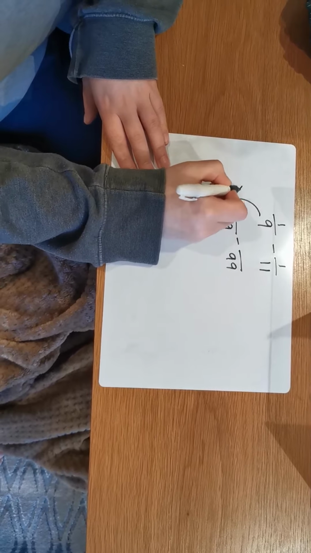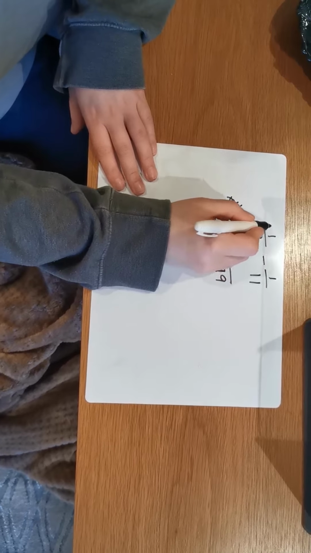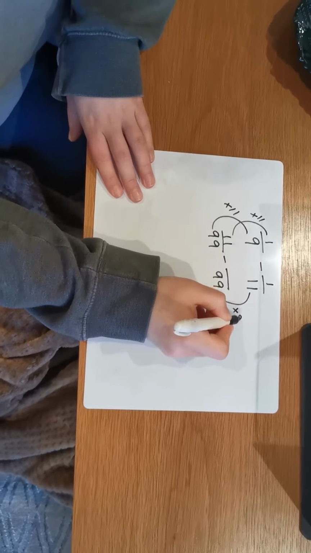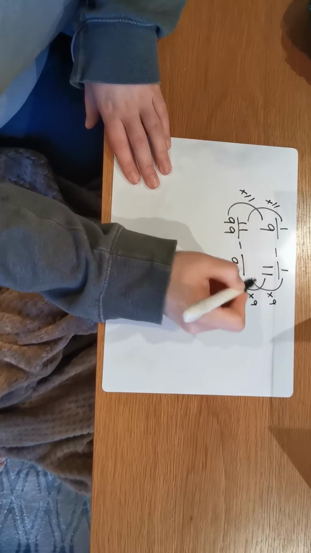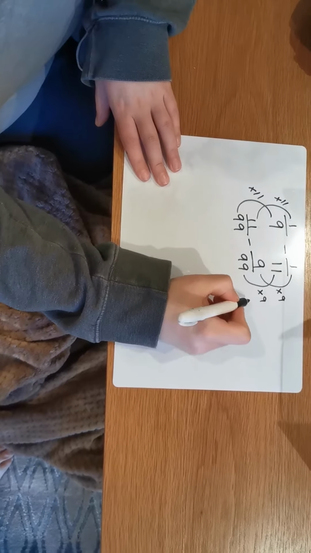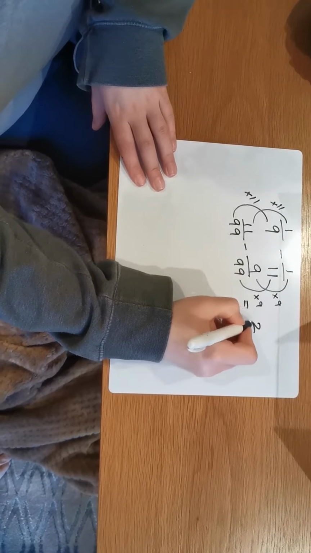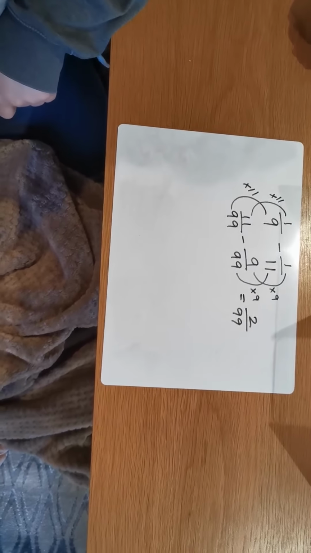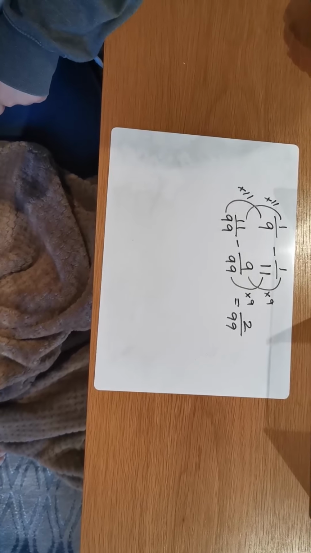So in this case, times 11. So it would be 11/99 subtract 9/99 equals 2/99. So sometimes we have to change both of the fractions to make the denominators the same.